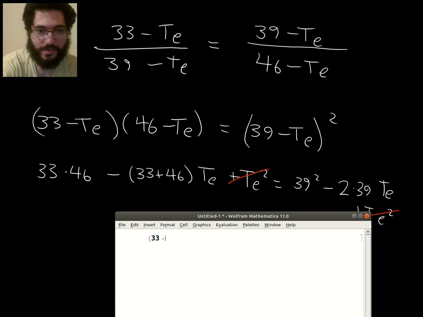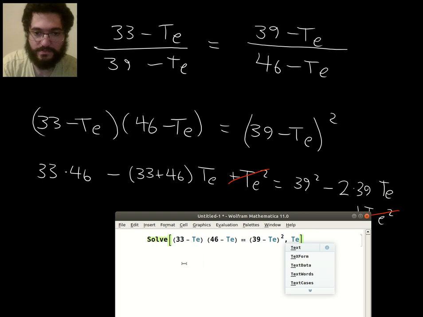So I've got 33 minus Te, times 46 minus Te, equals, and I have to put two equal signs to say that I'm making an equality statement here, 39 minus Te, squared, and then solve that with respect to Te, meaning tell me what values of Te solve this.